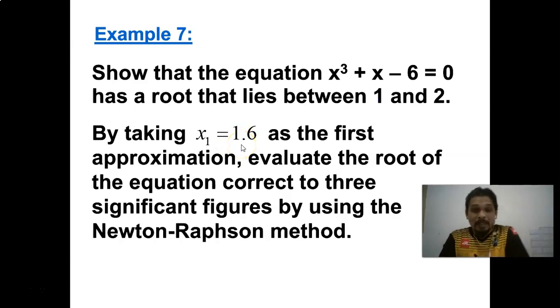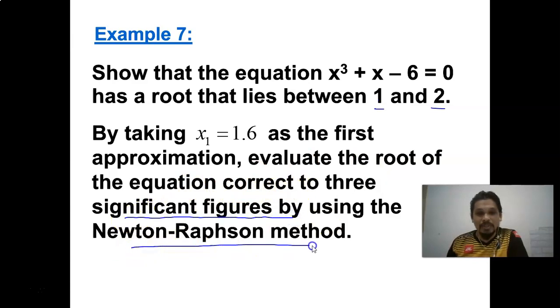Okay, class, at one time, they might give you a question without an initial value of x, without this value of x1, meaning you can choose any values of your own as long as it lies in between 1 and 2. But then it's already given here x1 as a first approximation, to evaluate the root of the equation correct to 3 significant figures by using the Newton-Raphson method.